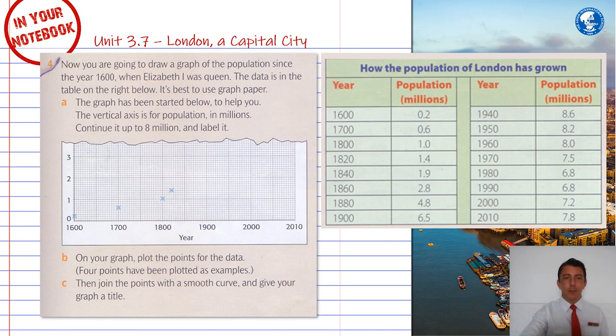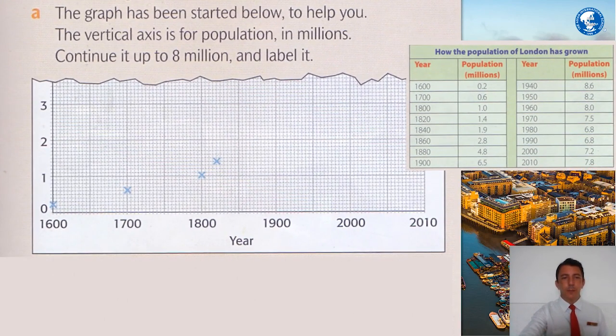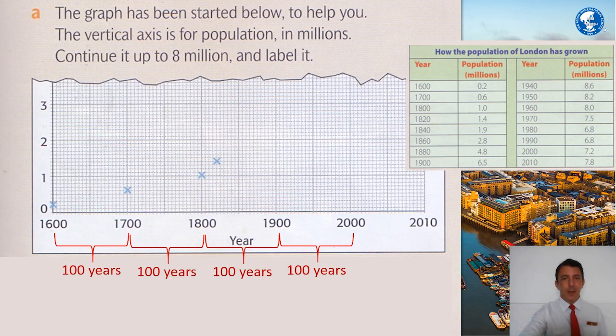Now, looking at this graph, the example, I see it has a problem. If we look, each interval between the years is 100 years. However, the last interval from 2000 to 2010, that's only 10 years. So this graph will not give us an accurate shape.